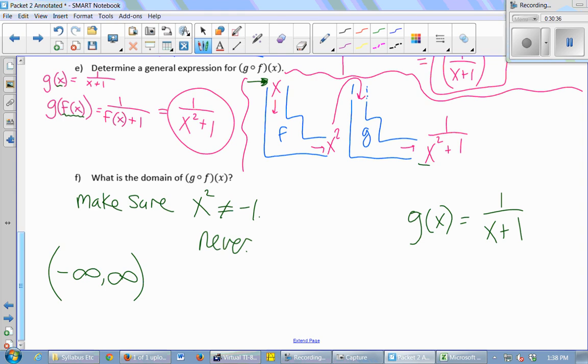The final formula is like, let's say I could build a new machine instead of using two. This would be the new machine that would be 1 over x squared plus 1. But it's actually two machines in succession, so you have to make sure neither one jams. f composed with g, you could give it a new name. You could call it h.